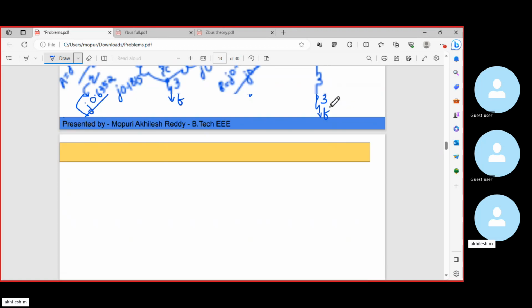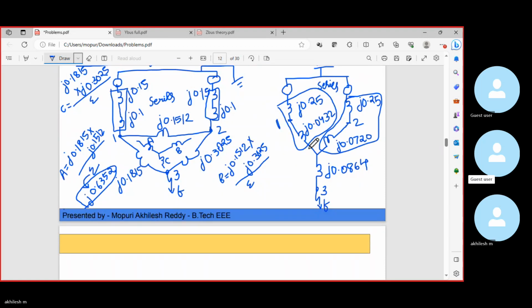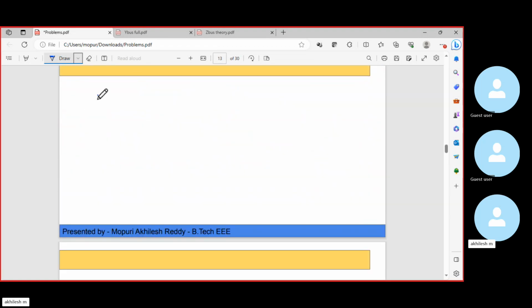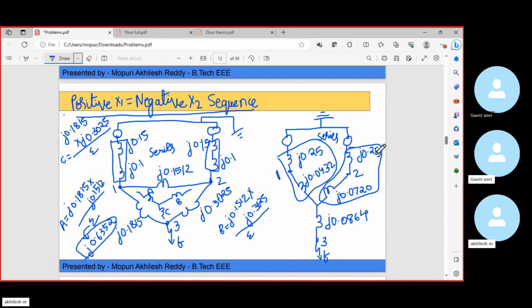Taking these values, 0.25 plus 0.0432 gives 0.2932, so one parallel branch is J0.2932. The other parallel branch is 0.25 plus 0.0720, which is 0.3220.